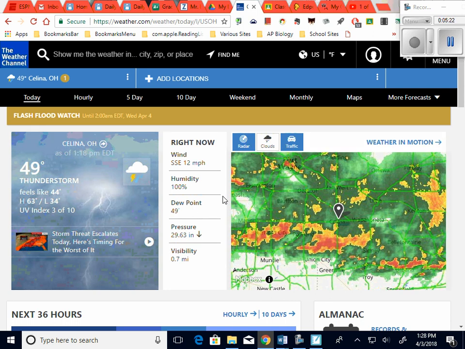Right now, it's telling me that the pressure is 29.63 inches of mercury. So when you do your lab tomorrow, you're going to have to get on the Weather Channel and check out what the barometric pressure is. But it's not too hard to do.